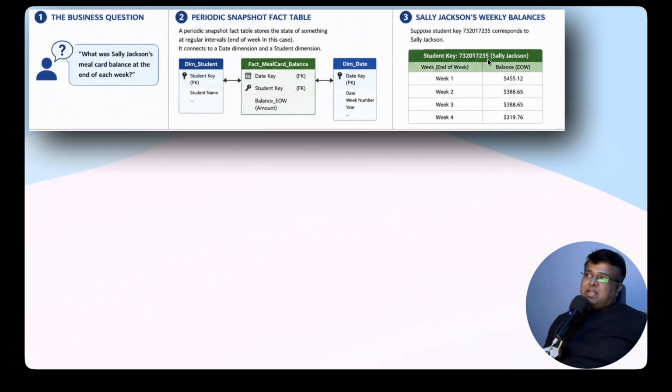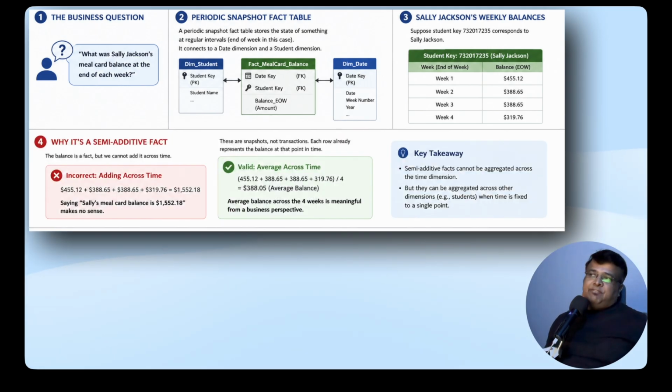When we look at the snapshot records, we see something like this: week 1, this is the spending and this is the balance; week 2, this is the balance, and so on and so forth. Pretty simple so far. Now here's the important part. That balance value is definitely a fact. It is something measurable.